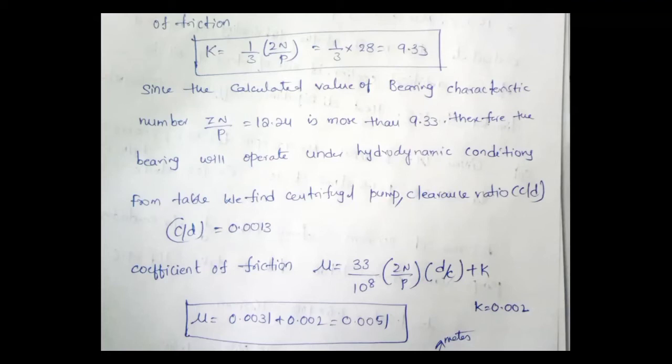And you have to check whether, among the two operating conditions in a sliding contact bearing, it will be operating on hydrodynamic considerations or the remaining considerations. In order to check this condition, you have to conclude based on the bearing characteristics number, whether it will be operated on more value or less value. That is the reason why we have taken Zn by P value as 28 from your data book.